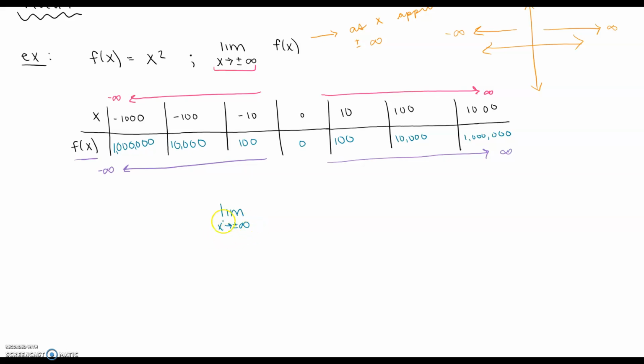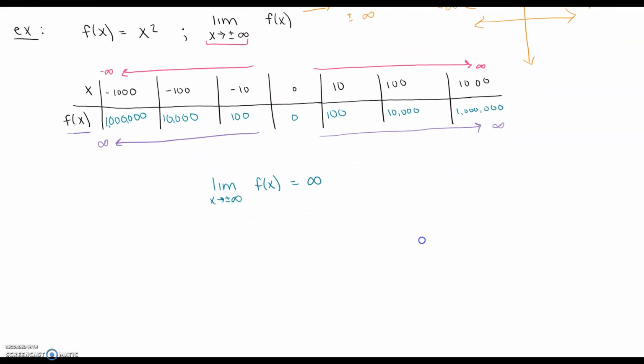And please remember that this x approaches part is underneath just the limit. And then f of x is lined up with the limit part. And it is going to positive infinity, because from the right and the left, it's going to the same direction.